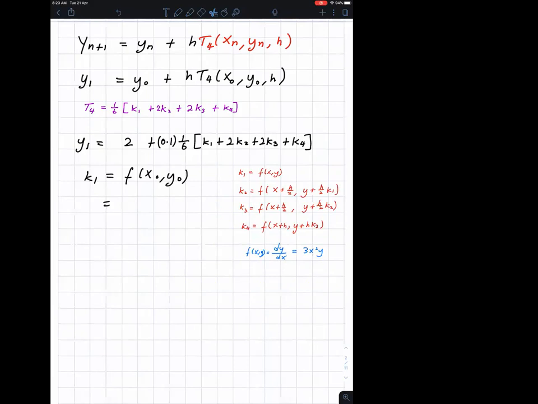That's going to be K1 is f(x naught, y naught).